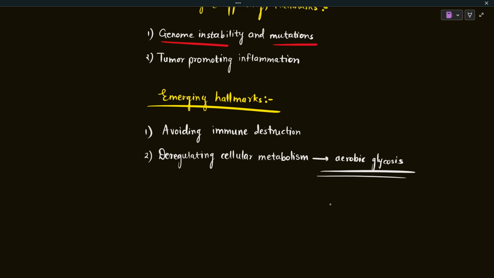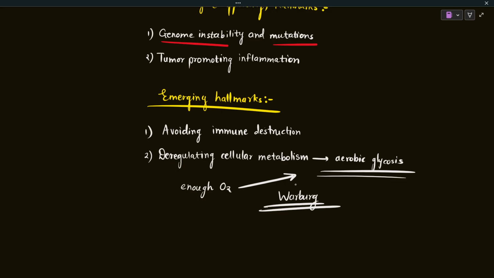How? By using the byproducts of glycolysis. And that is why this phenomenon, where even when you have enough oxygen they show glycolysis, is known as the Warburg effect. We will discuss this as well in the upcoming lectures.